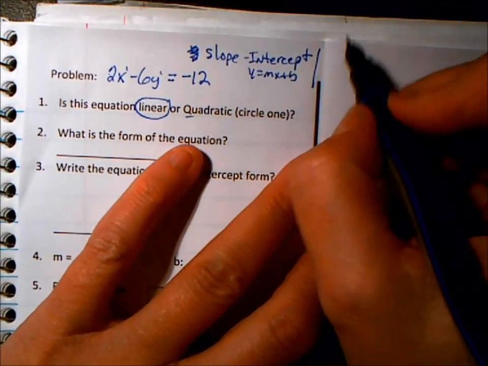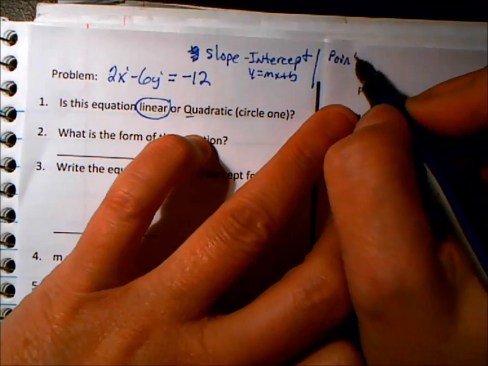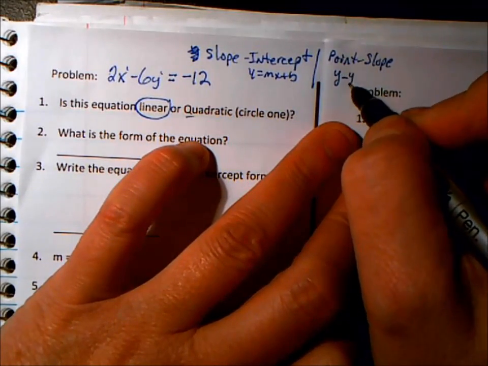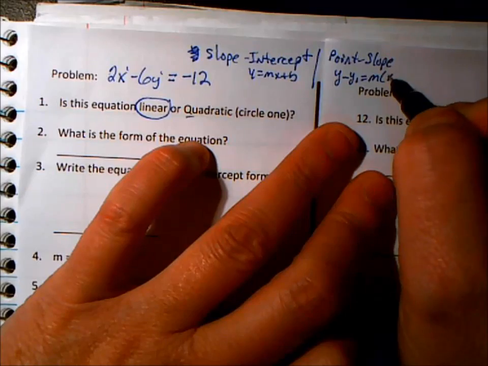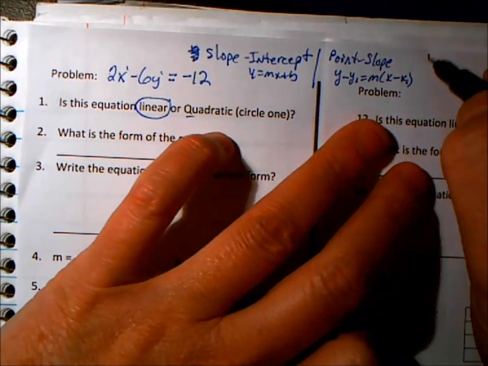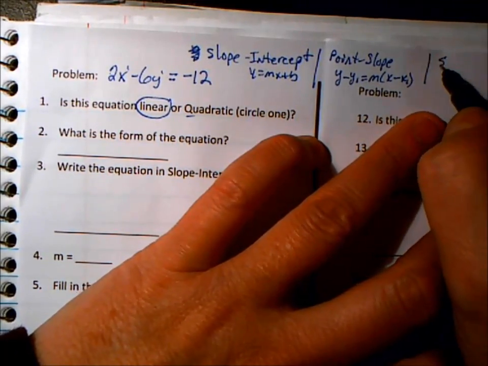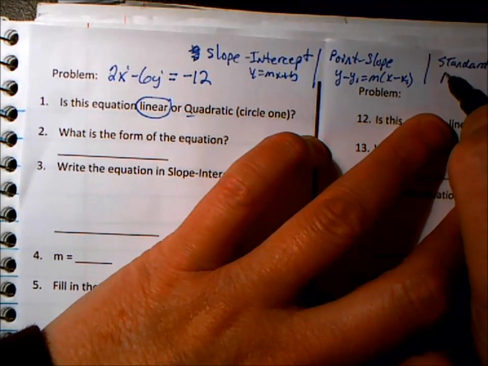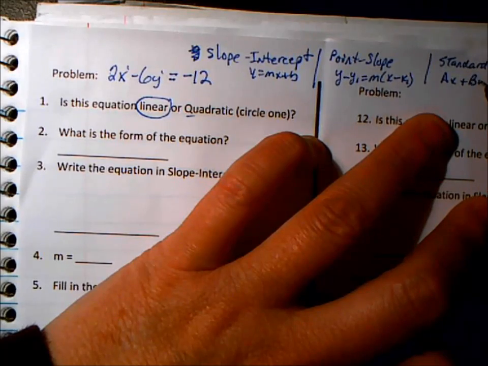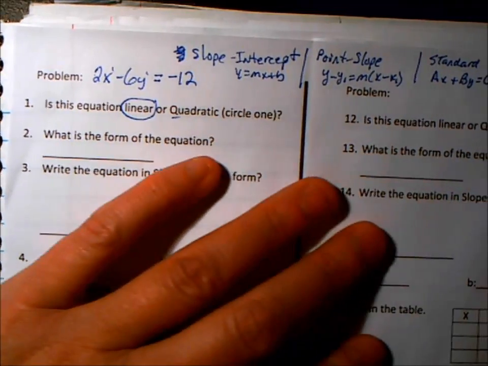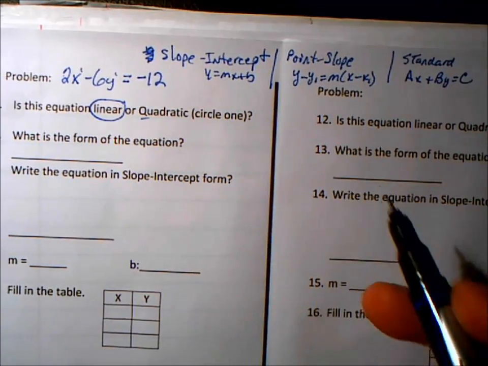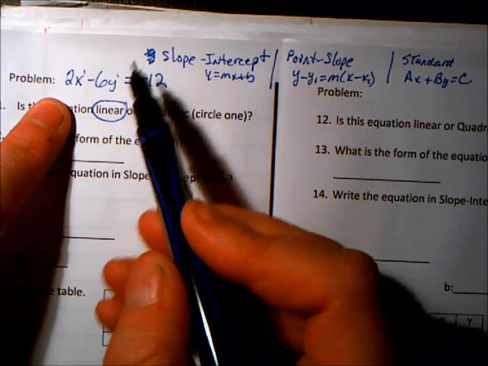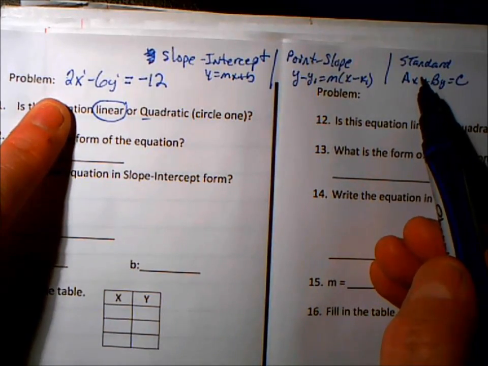You had point slope, that was y minus y1 equals m parentheses x minus x1. And then you had standard, that was ax plus by equals c for your different forms. If I'm looking at this equation, notice the x and the y are on the left side. That means it's referring to this as being the standard form.